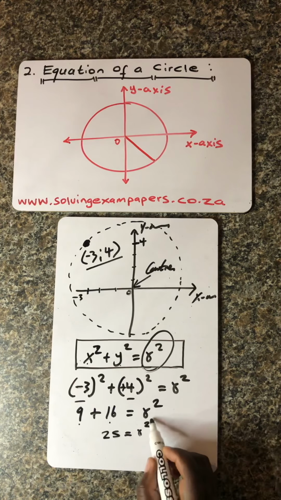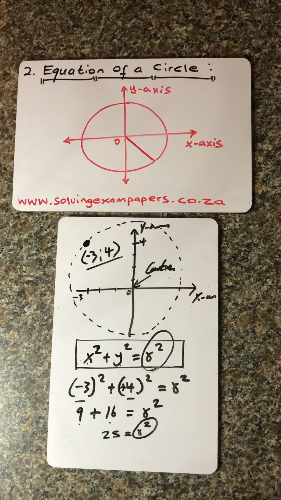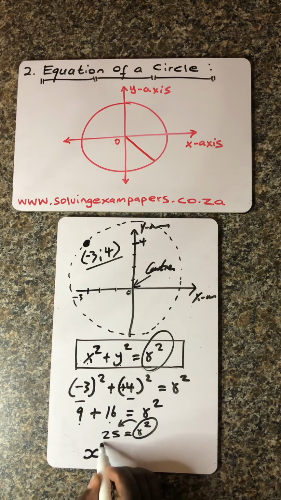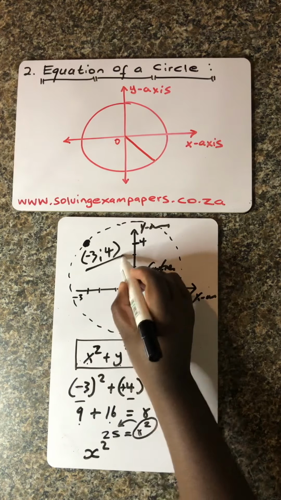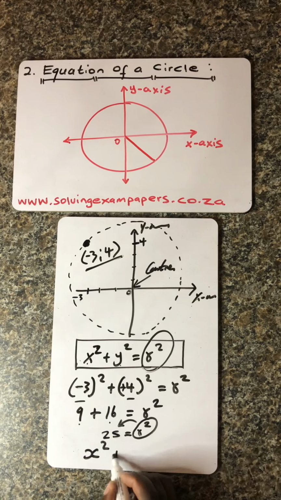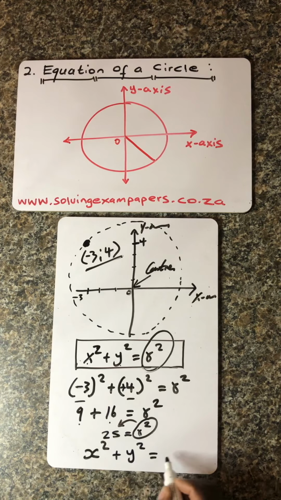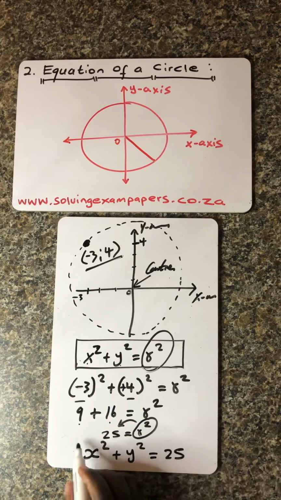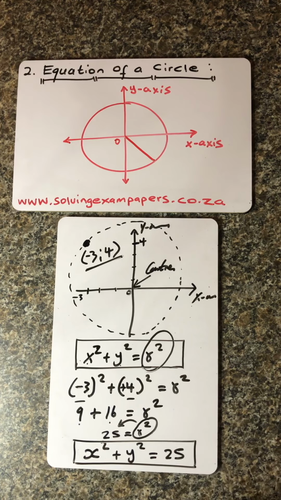Remember guys, this is what we're interested in knowing, which in this case is 25. So an equation of a circle passing through that point is x squared plus y squared equals 25. By so doing, ladies and gentlemen, you score yourself full marks.